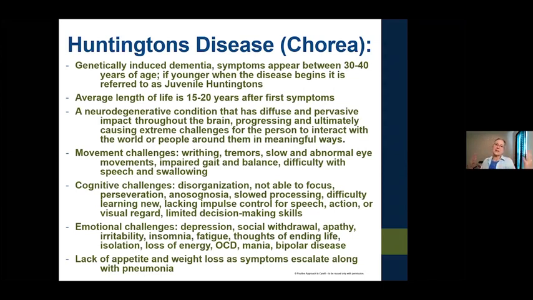The kind of things that happen are so extensive. It starts often with movement challenges where there's writhing or tremors or slower weird eye movements, impaired gait and balance, difficulty with speech and swallowing.